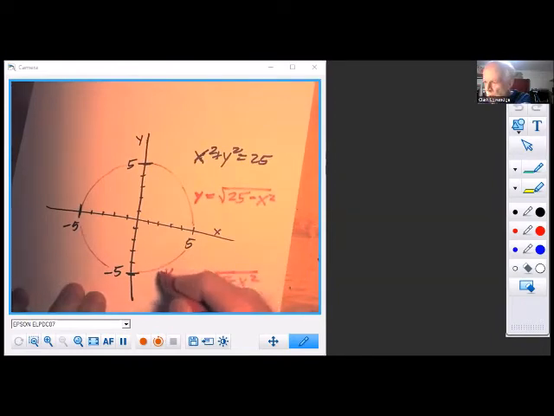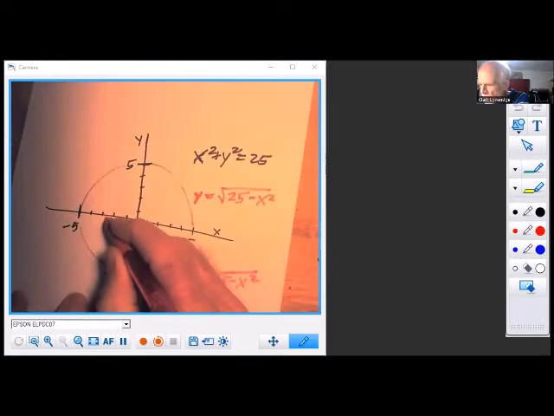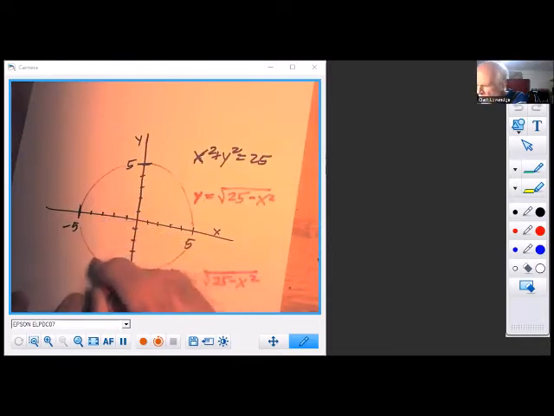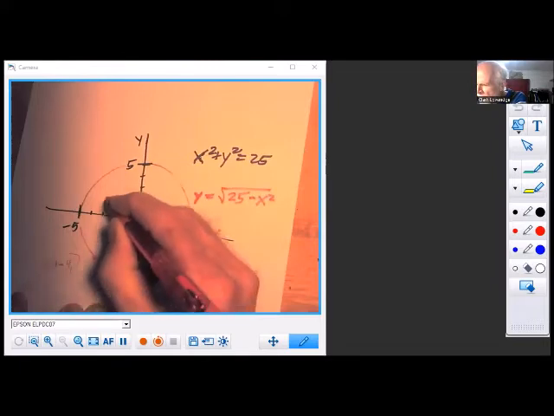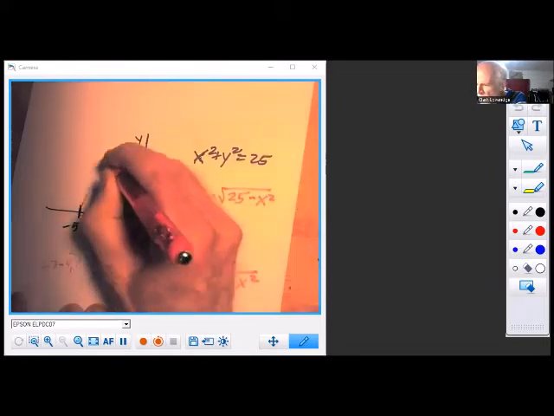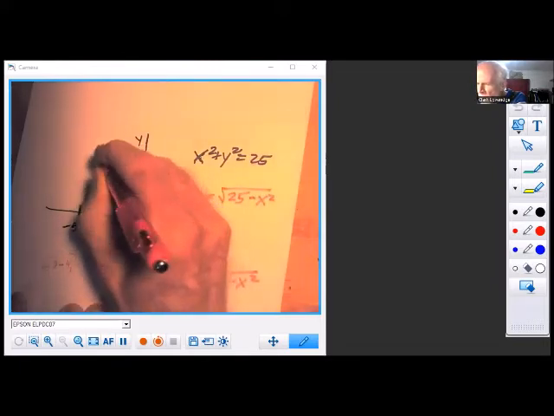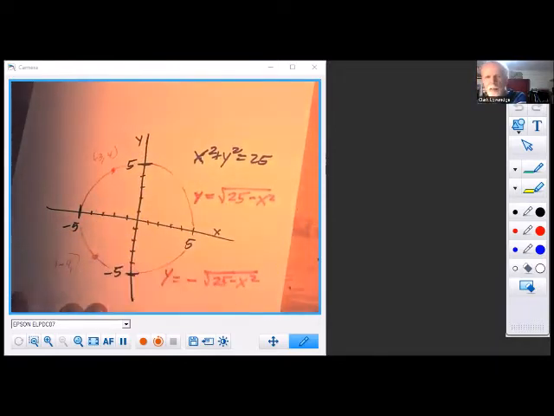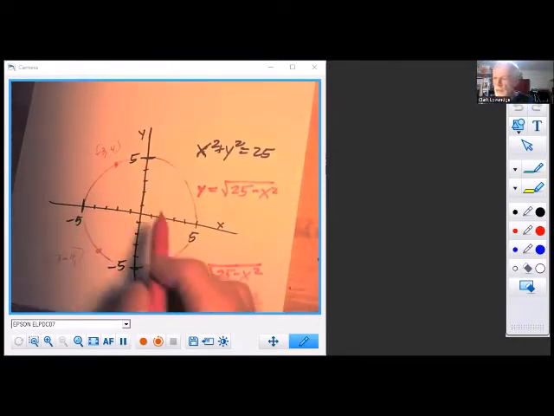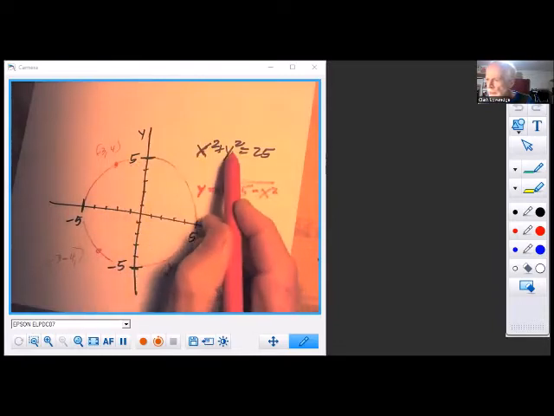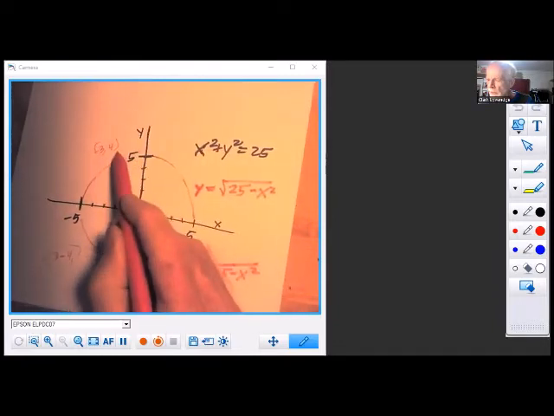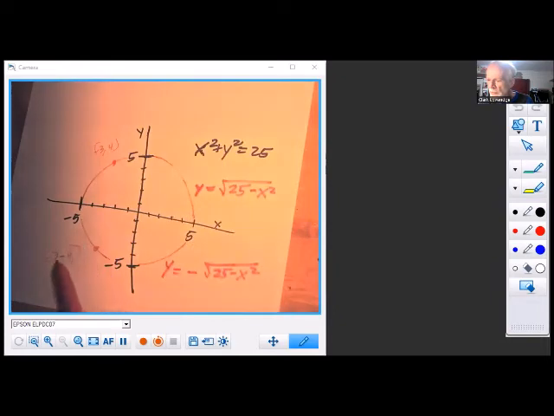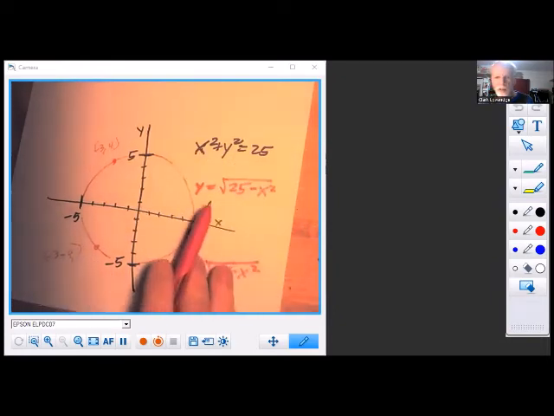For example, this point here, where x is -3 and y is -4, and there's also a point up here where x is -3 and y is +4. So you have two different points with the same x coordinate on this circle. (-3) squared plus 4 squared is 25, and (-3) squared plus (-4) squared is also 25.